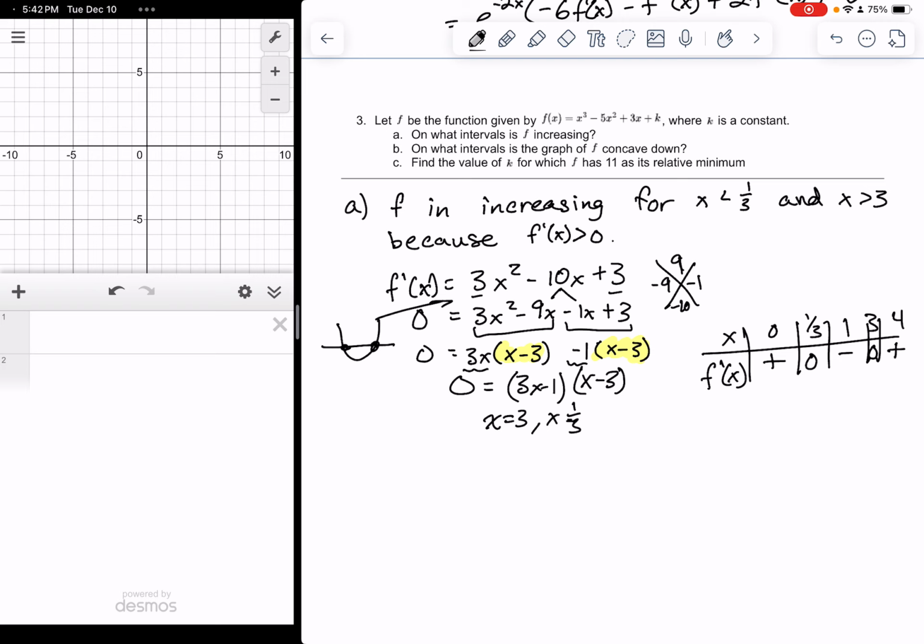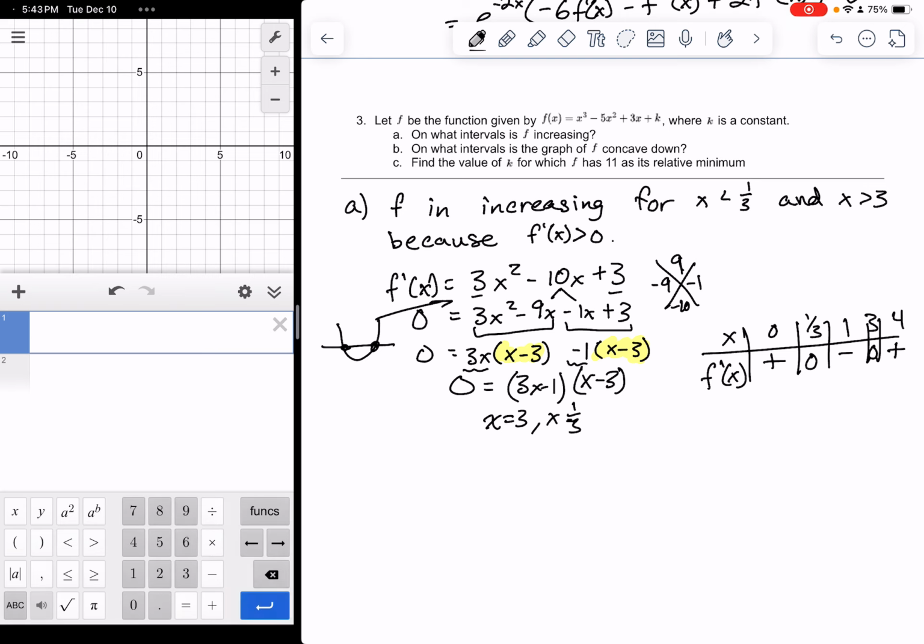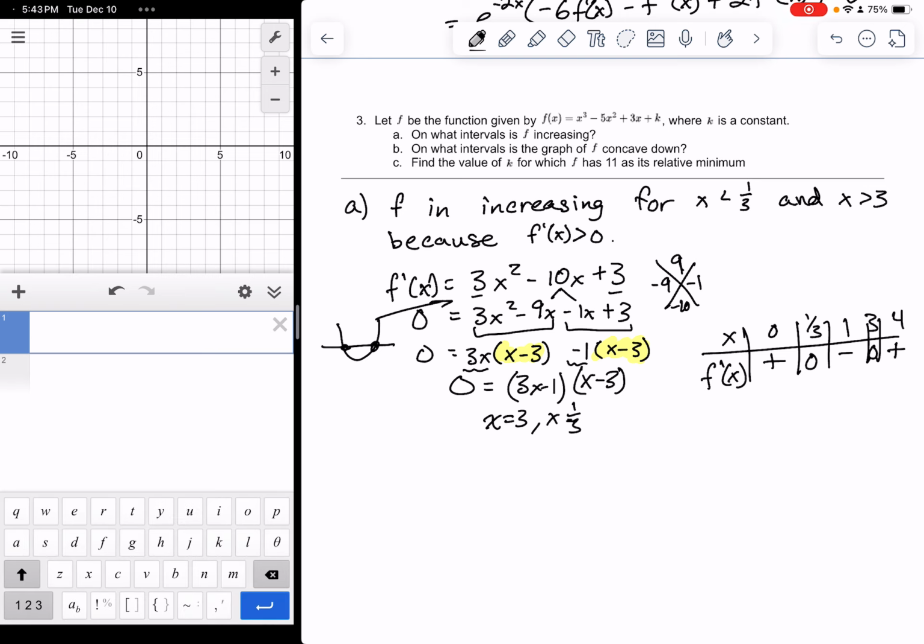Now I'm going to redo part A by just typing it into this calculator. I am typing with a stylus, which takes a little bit longer, but it's not bad.